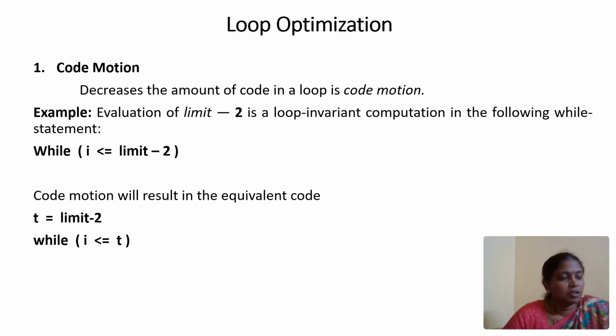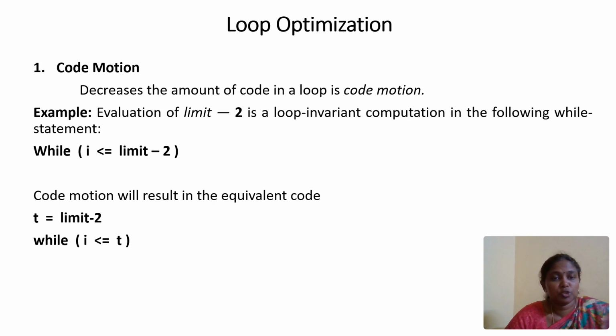This transformation takes an expression which yields the same result irrespective of the number of times the loop is executed. This is called a loop invariant computation. We need to move that loop invariant computation outside of the loop. If a while statement is executed 10 times, then limit minus 2 will also be computed 10 times.